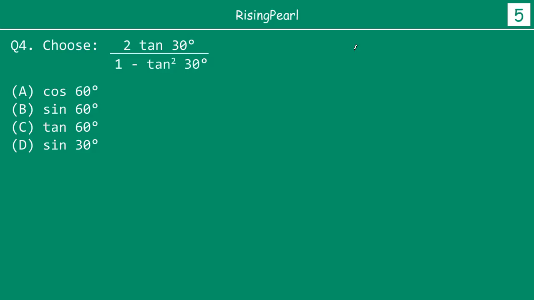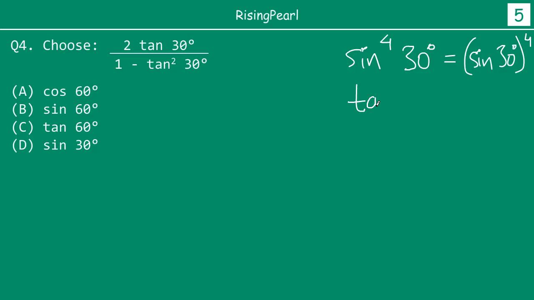Again, I just wanted to briefly explain that if you have sine to the power 4 of 30 degrees, this really means sine 30 degrees, the entire thing raised to the power 4. Similarly here, tan square 30 degrees really means tan 30 degrees, the entire ratio raised to the power 2.